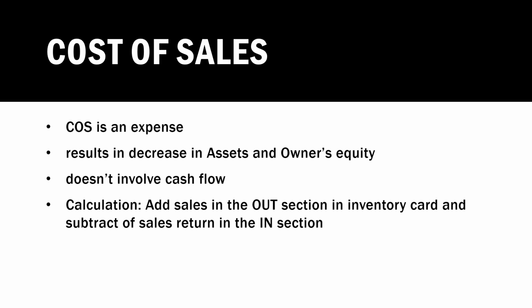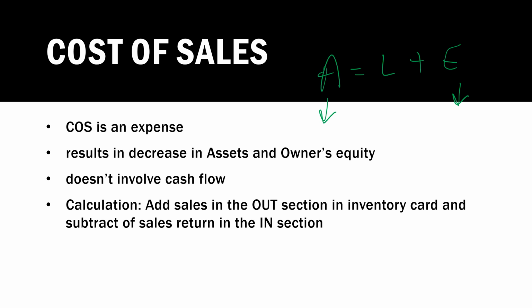Cost of sales is an expense. On the one hand, it results in a decrease in assets. On the other hand, it results in the decrease in the owner's equity. So when we look at the accounting equation, A is equal to L plus E, we're having this impact on both of the sides, balancing it out.